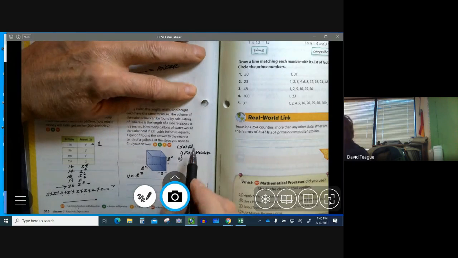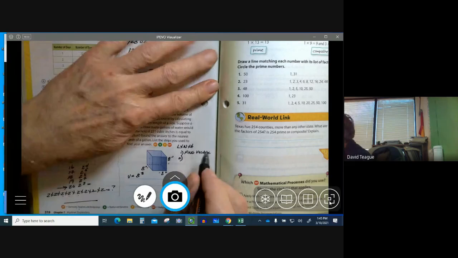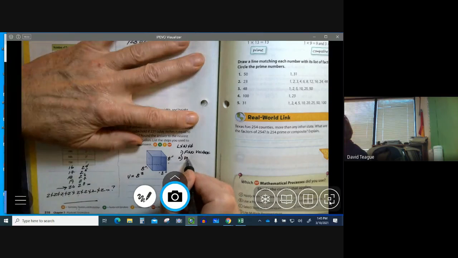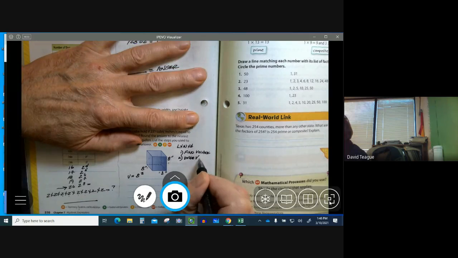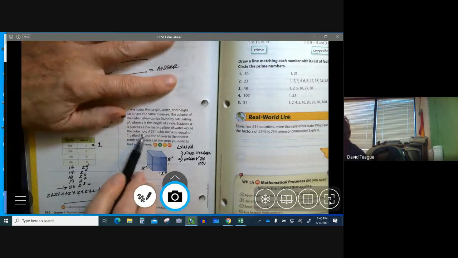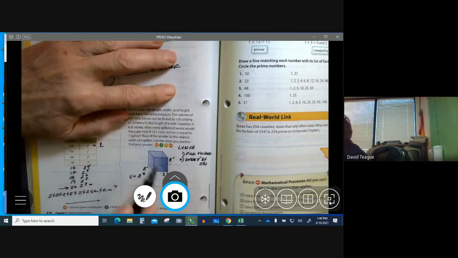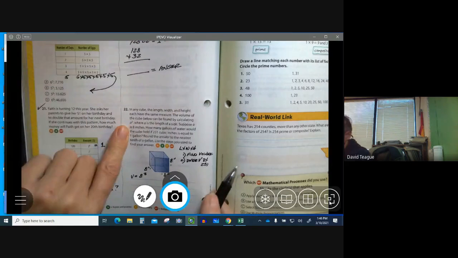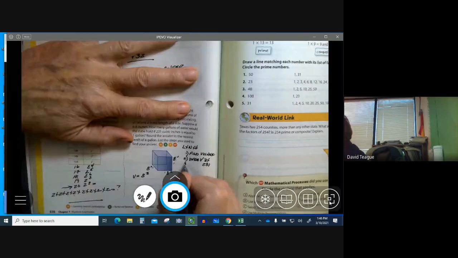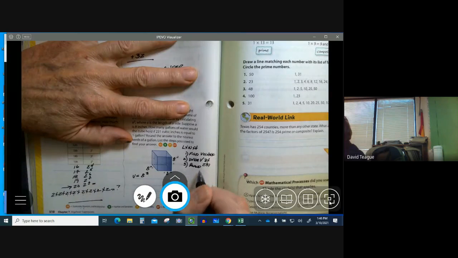Number 2, we're going to divide the volume, V, by 231, because we know that 231 cubic inches is equal to a gallon of water. And then we have to round it to the 10th place.